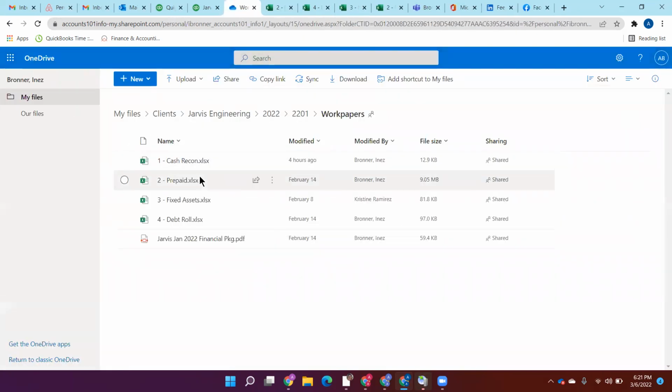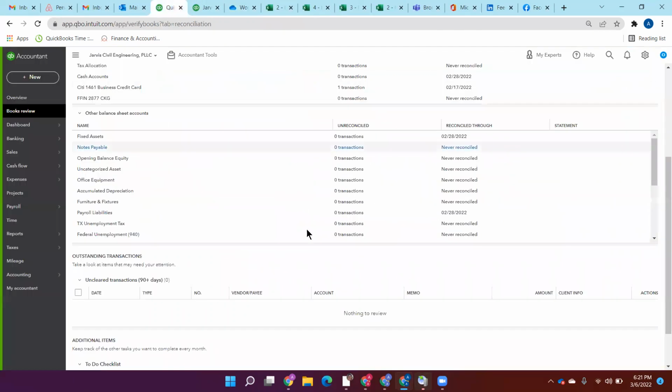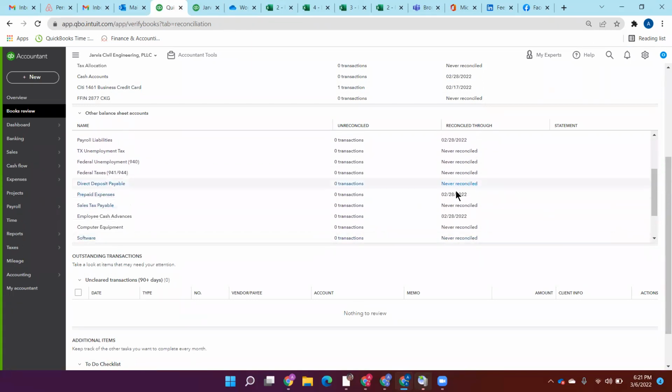And there weren't any other work papers for the other balance sheet items that I needed to reconcile. Payroll liabilities. Oh, there was one for that one, but this one, employee cash advances, I did the same. I just went to the balance sheet and pulled that balance, and of course it tied out.